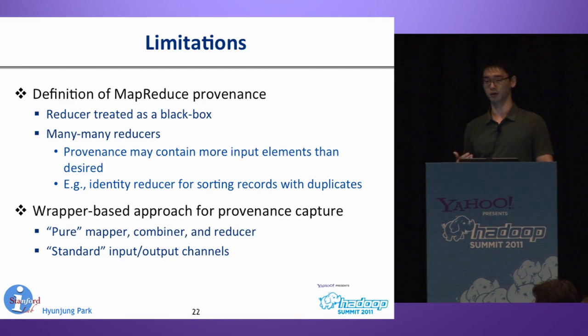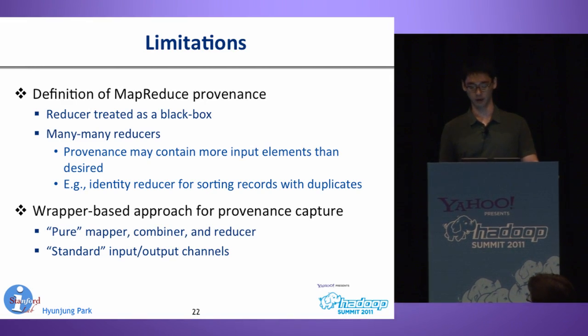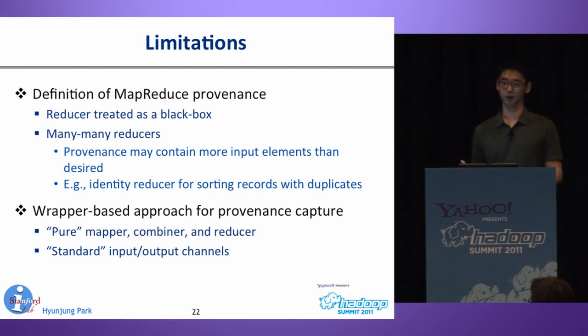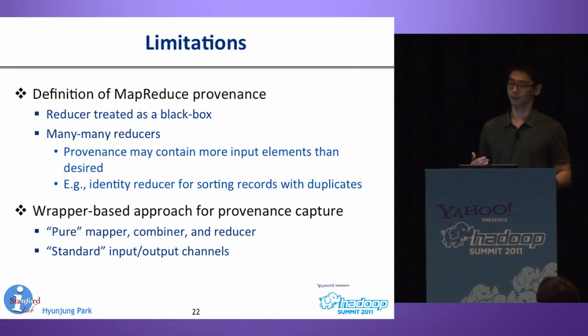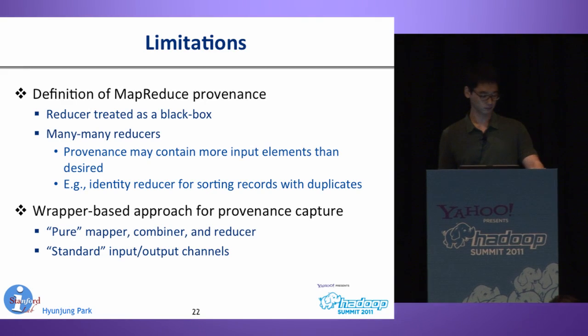If your reducer is a many-to-many transformation, your provenance at the end may contain more input data elements than you desire. For example, if you sort a bunch of records, and some have duplicates, then if you backward trace one element, you might see multiple input data elements with the same sort key. The same thing could happen for joining two tables, depending on which join algorithm you are using.